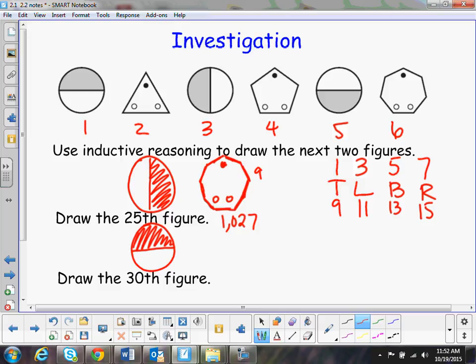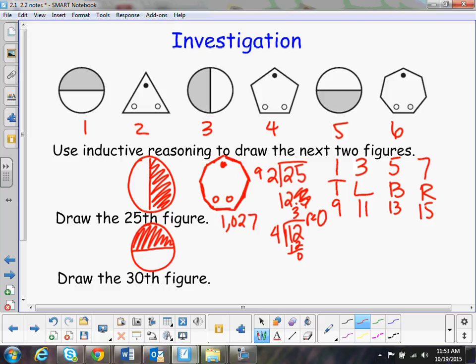So what you want to do is take that number. Let's just practice on the 25th. You take that number, 25, and you take half of it, divided by 2. That's 12.5. You don't want half a picture, so you just drop that off. Then you take 12 and divide by 4, and it goes into it evenly with no remainder, a remainder of 0.